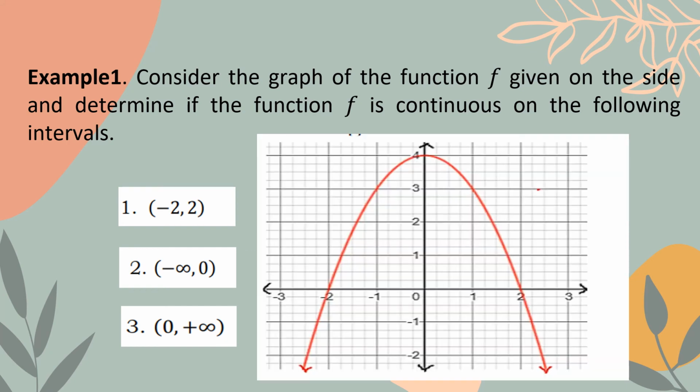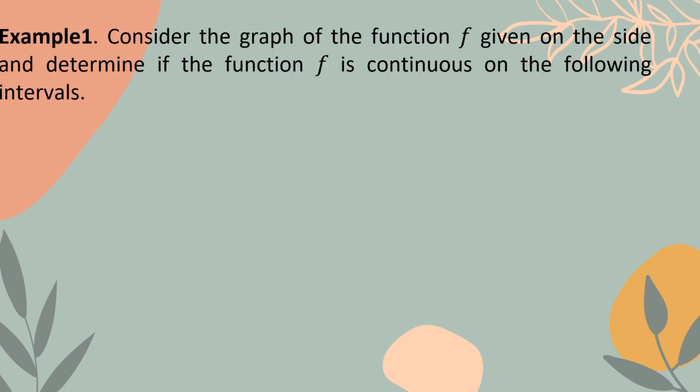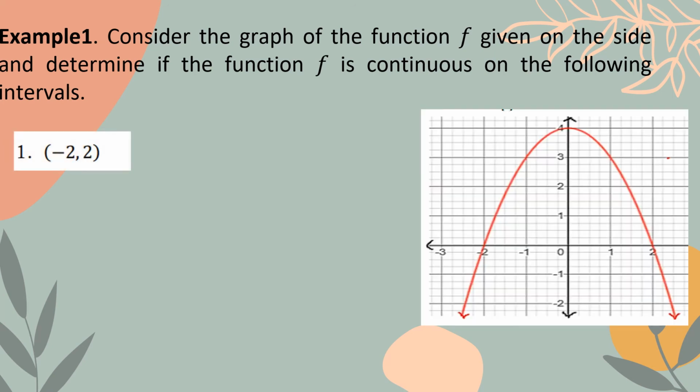Okay, we have a graph on the side. We will determine whether the graph is continuous at a given interval. Number 1, negative 2 to 2.